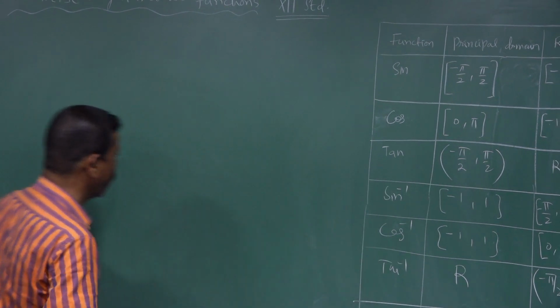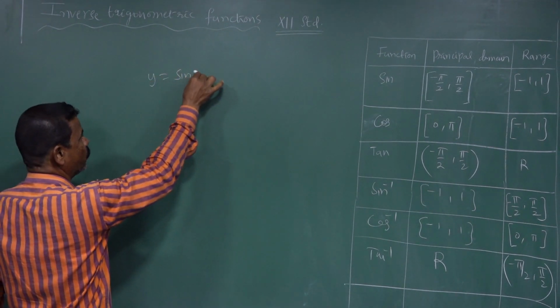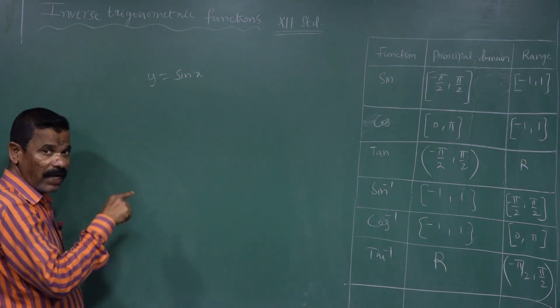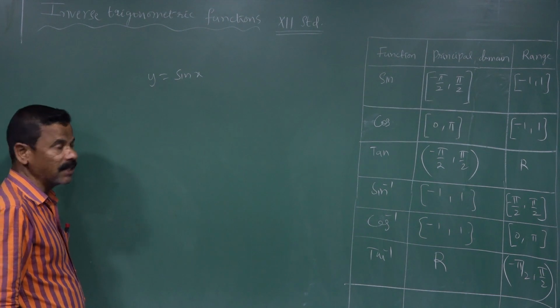Here y is equal to sin x. Suppose this is the trigonometric function. What is the maximum value and the minimum value of y is equal to sin x?